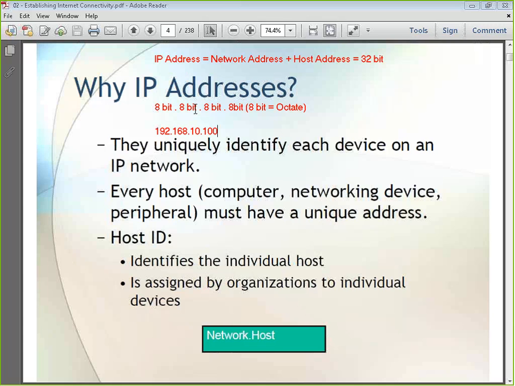So it's very important for us to understand this binary to decimal, or decimal to binary calculation. Another important aspect is, even though we as end users make use of this as an IP address, the computer does not understand this value. The computer has to convert this into binary. That's why we also need to understand the conversion from decimal to binary and binary to decimal. Do you understand that?